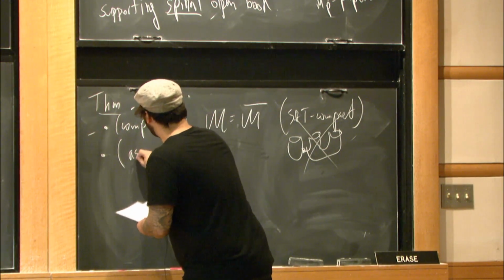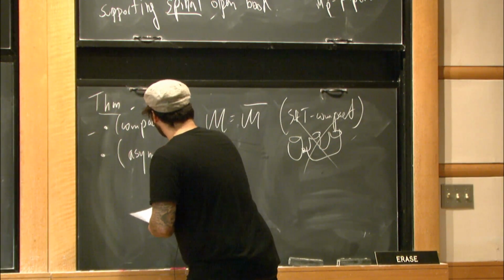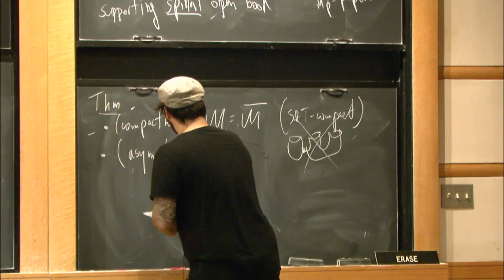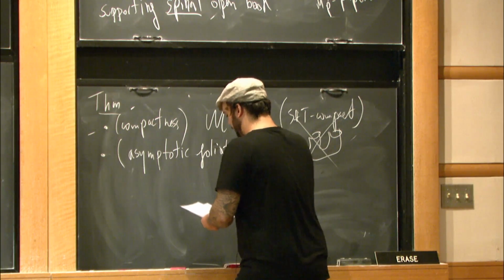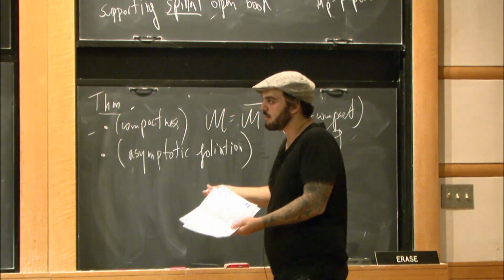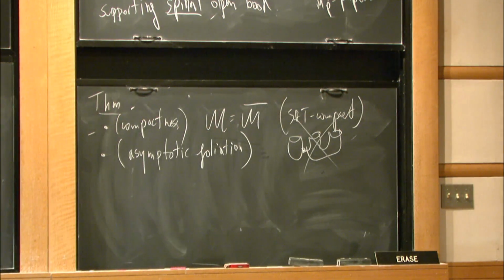And the second property is this asymptotic foliation property, which says that if I look sufficiently far away at infinity, close to the horizon, I actually see a foliation.